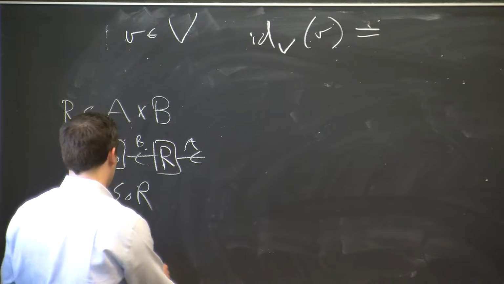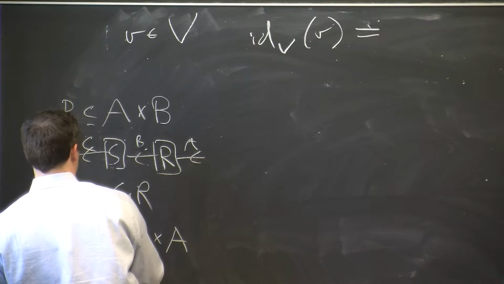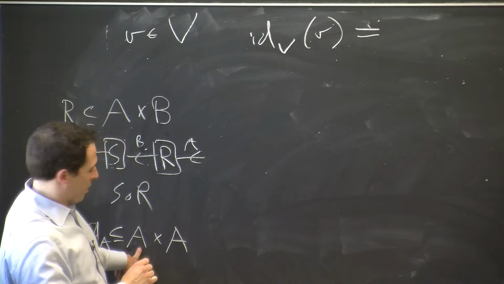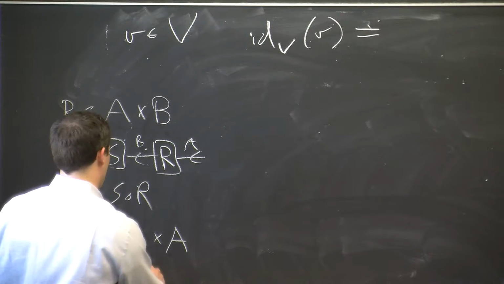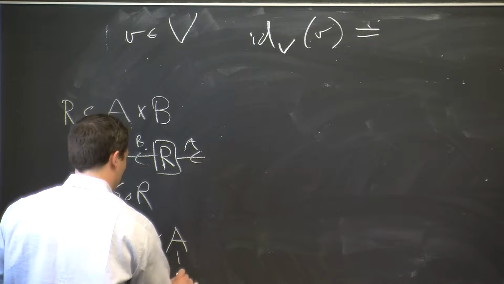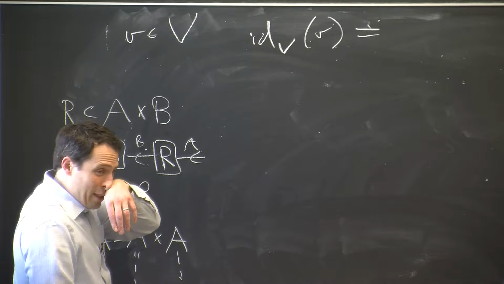How about the identity relation? So the identity relation has to be a subset of the Cartesian product of a set with itself. Let's call it I sub A. That's a relation which is a subset of that. So suppose A is equal to {1, 2, 3}. What's the identity?